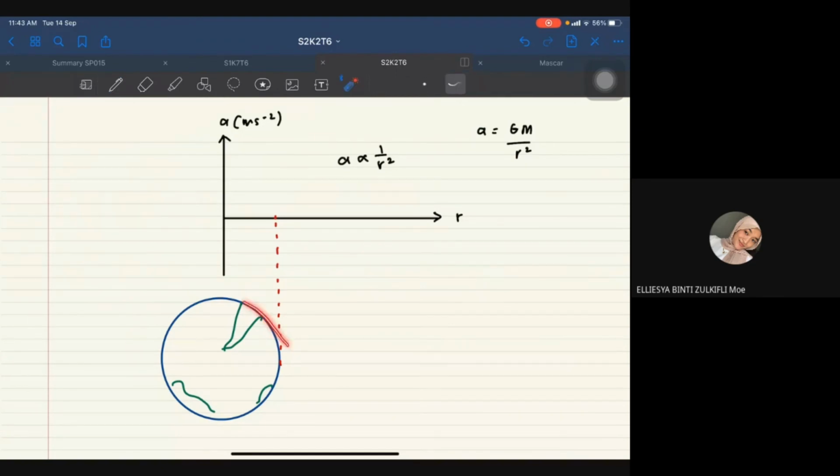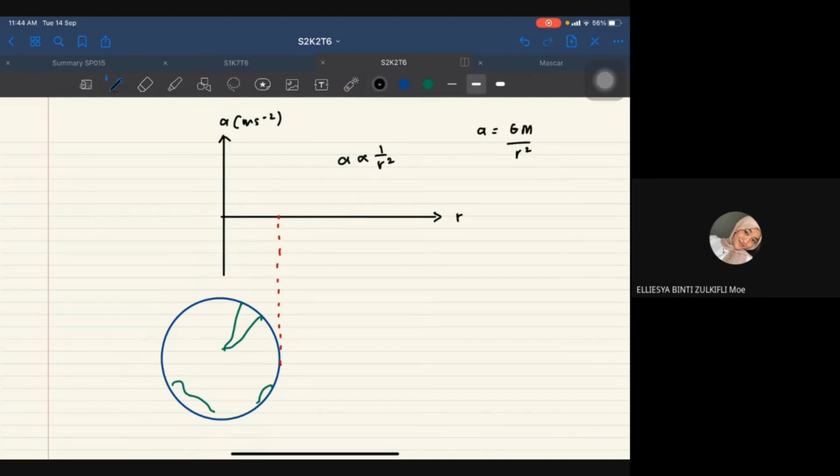As long as this one doesn't change, then that means the GM punya value doesn't change. The only value that changing is r. Okay, nampak?